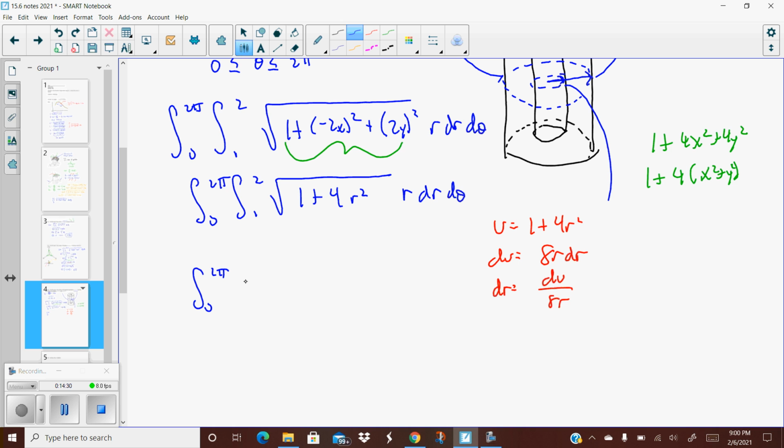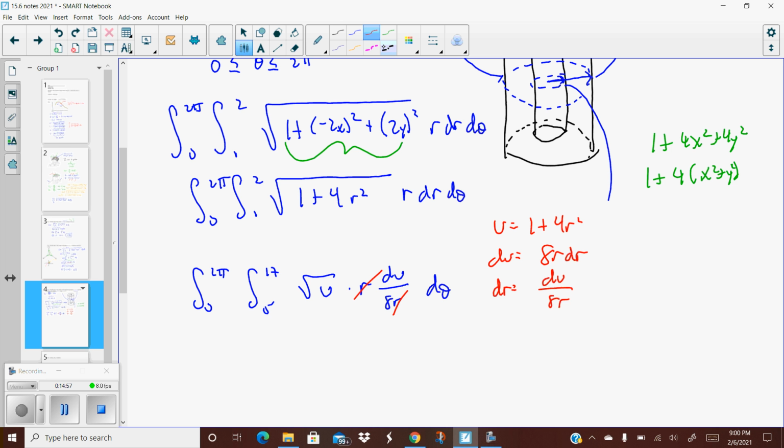Our new u bound: if I plug a 1 in for r, that's going to give me a 5. If I plug 2 in for r, that's 2 squared, which is 4, times 4 is 16, so 17. Then the square root of u times r, dr is du over 8r, and don't forget I've still got the d theta. So the r's are going to cancel out.